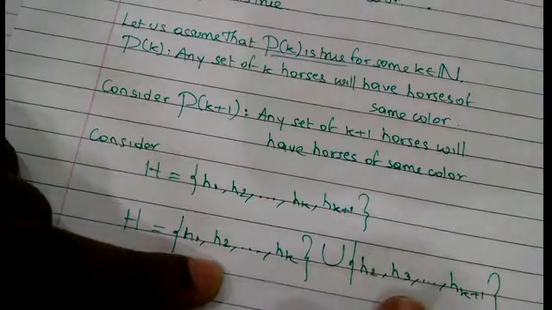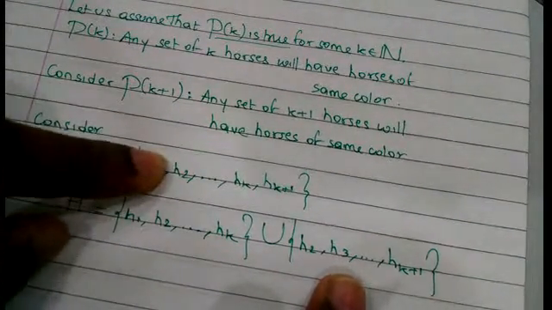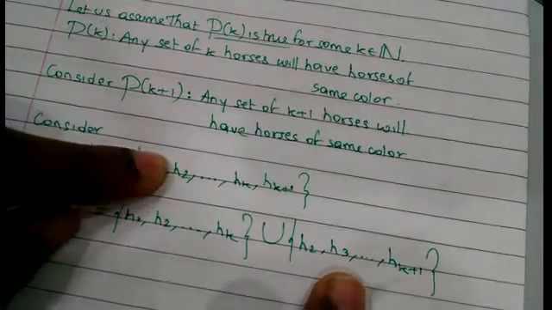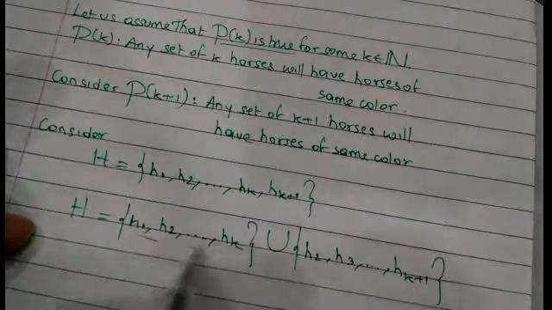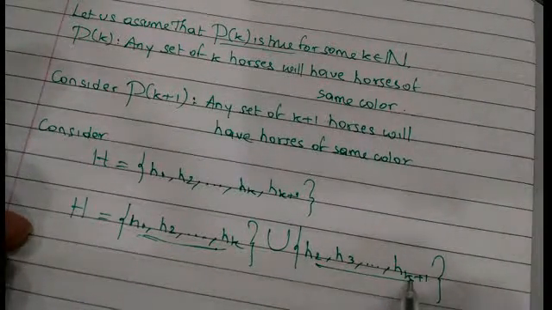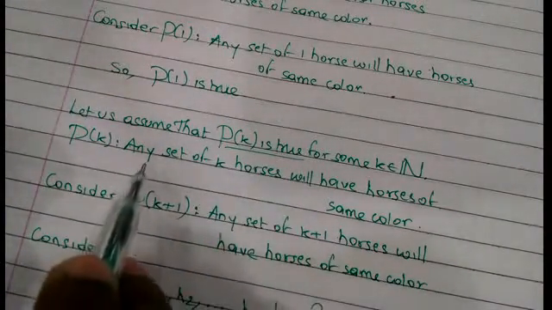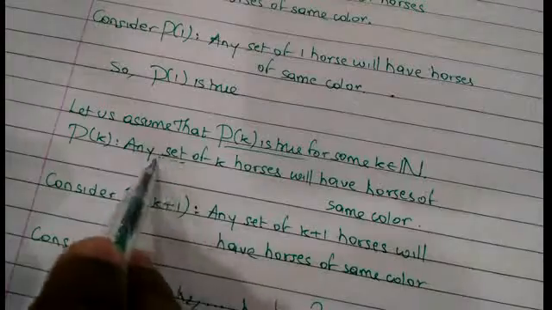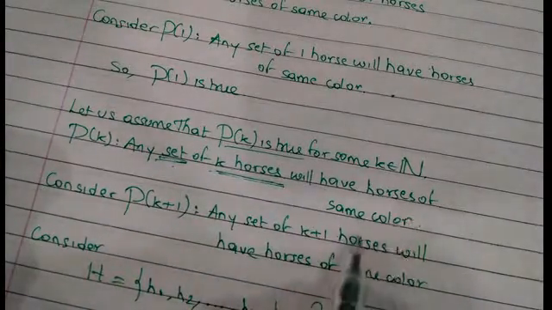The second set is obtained by removing H1 alone from the previous set, so there are remaining k number of horses. So this is a set containing k number of horses, and this is another set containing k number of horses. And sometime back we assumed that P of k is true, which means any set containing k number of horses will have horses of same color.